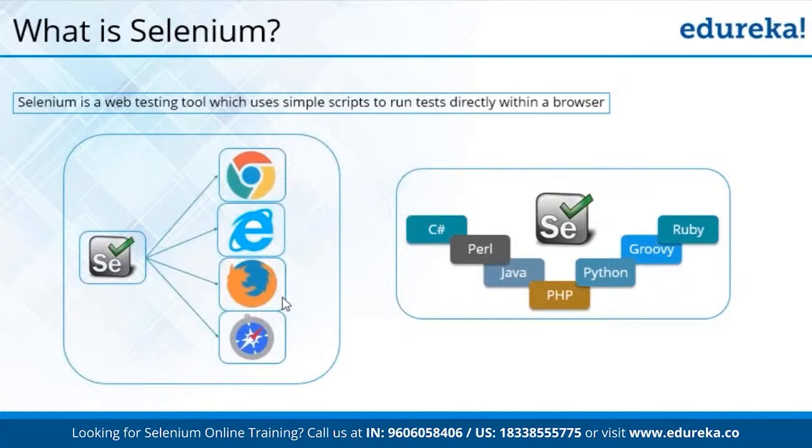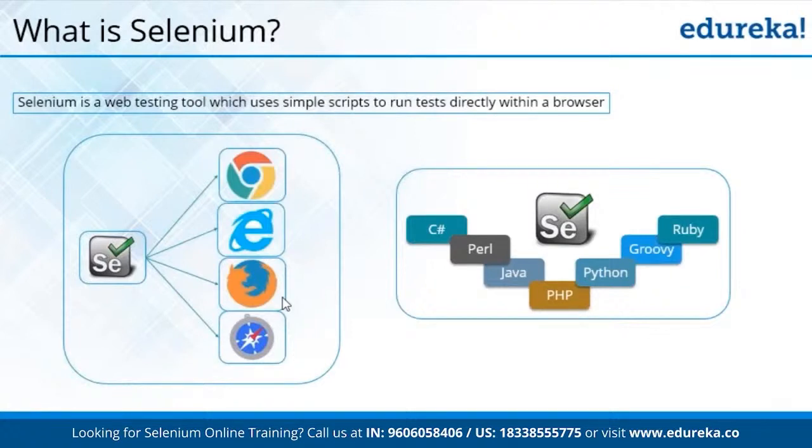it had some limitations, and because of those limitations and a better API, Selenium WebDriver was introduced, which helps you to write your scripts in the programming language that you prefer, on the operating system that you prefer, and in the browser that you want.